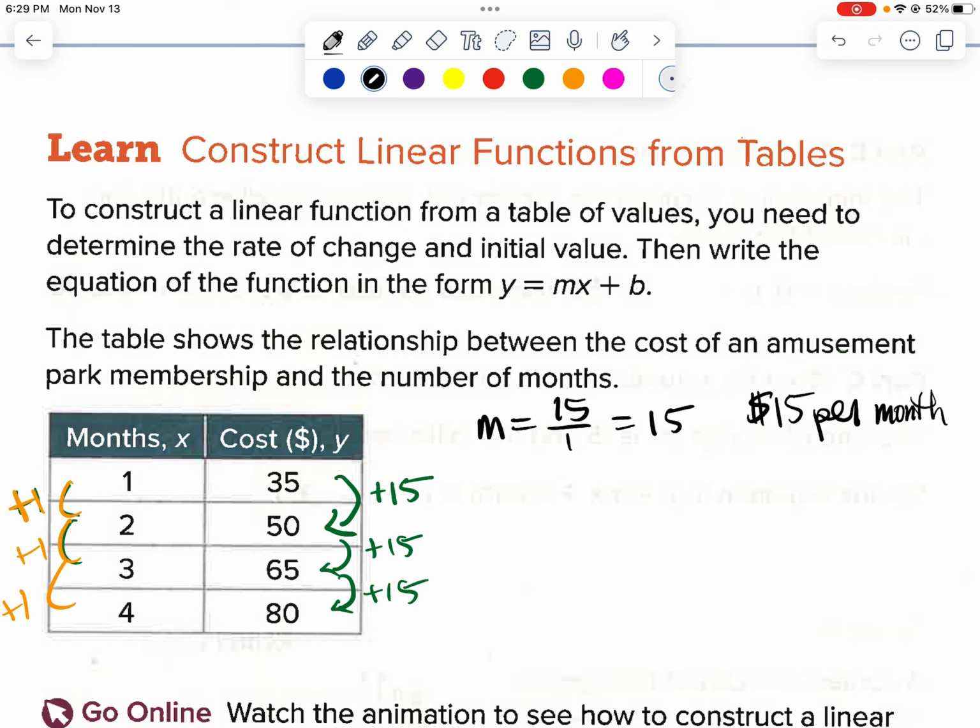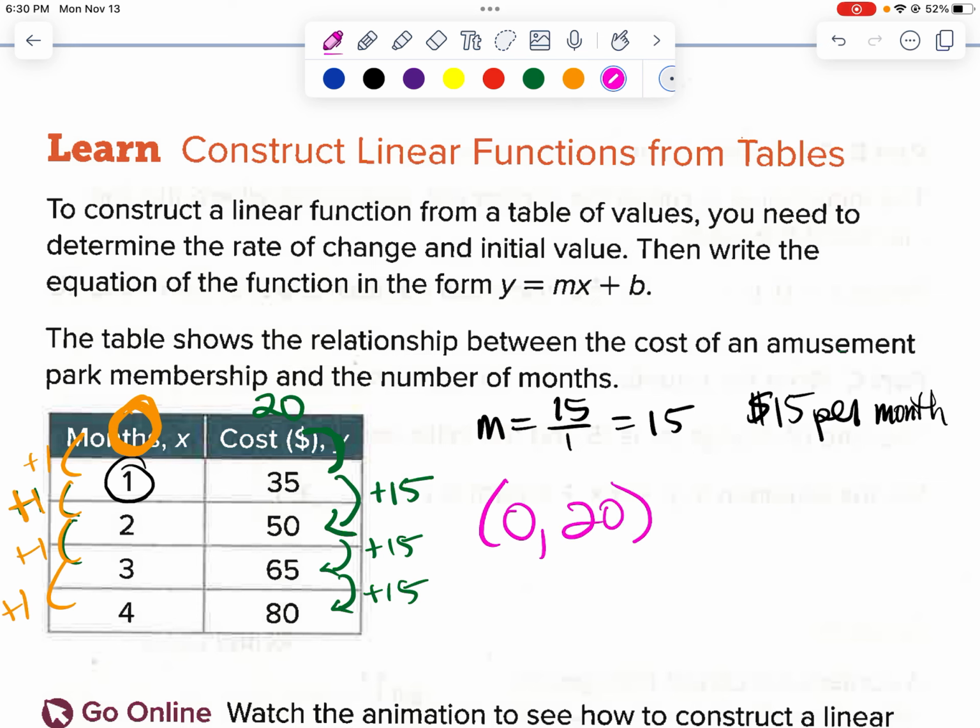Okay, y-intercept. Now if we look at this, we're starting at 1. We need to start at 0. We need this to be 0 over here. So we went back 1. So 0 plus 1 gets the 1. Now we need to go backwards over here. So we subtract 15. So 35 minus 15 will get us 20. So our b value is at the point (0, 20).